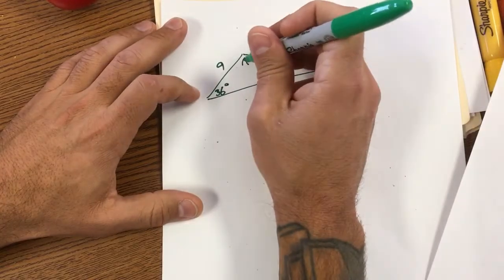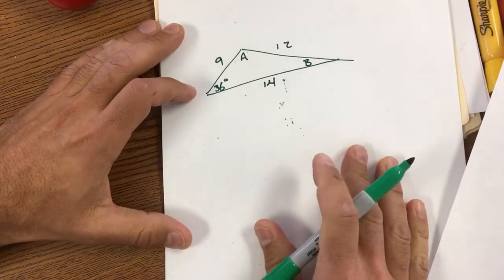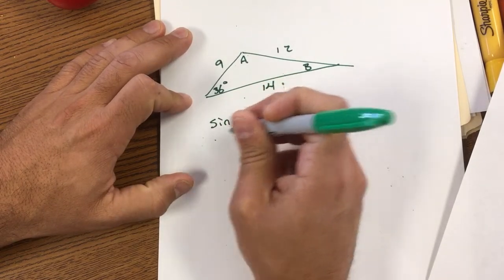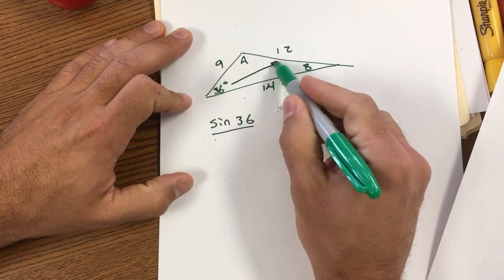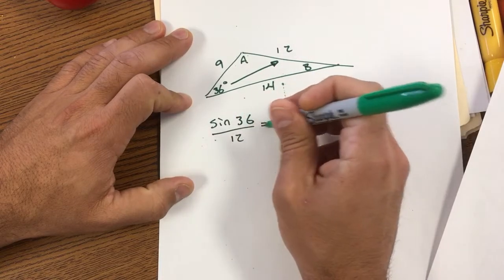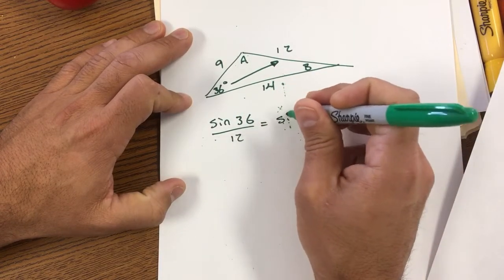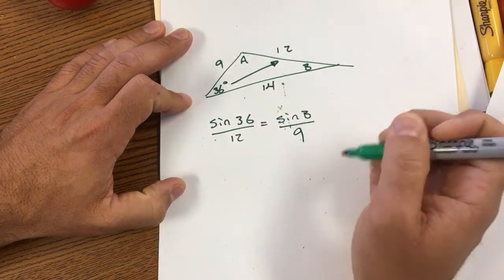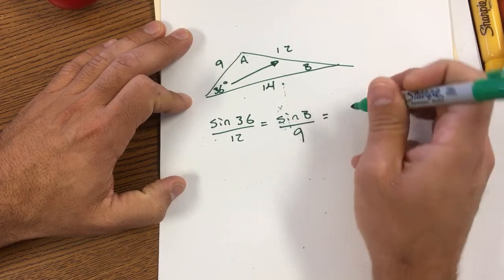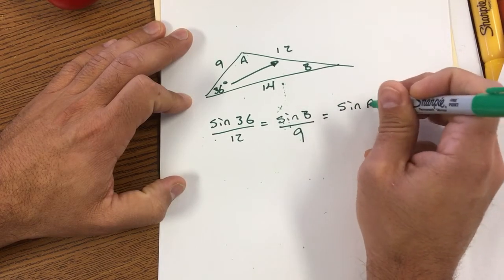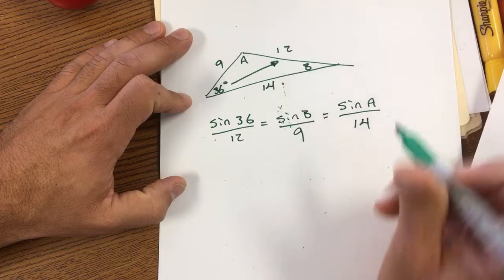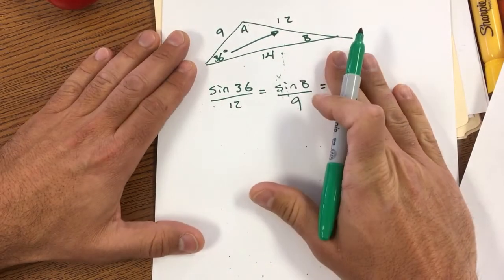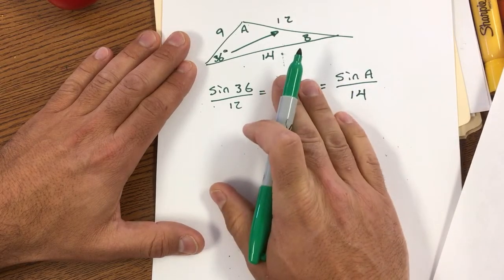So I'm going to call this angle A, and this angle B. All right? So the sine of 36 over its opposite side, which is 12, equals the sine of B over its opposite side, which is 9. And it also equals the sine of A over its opposite side, which is 14. But I'm going to treat this as two separate problems. I'm going to do this one first, and then this one.